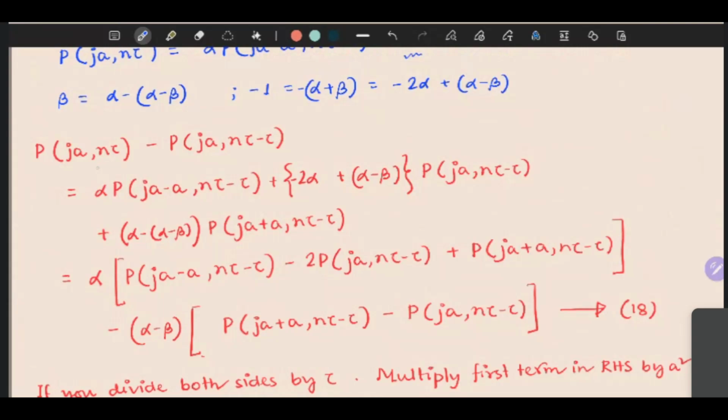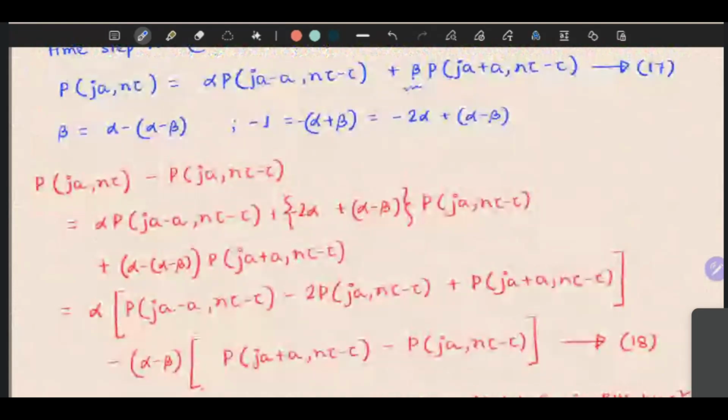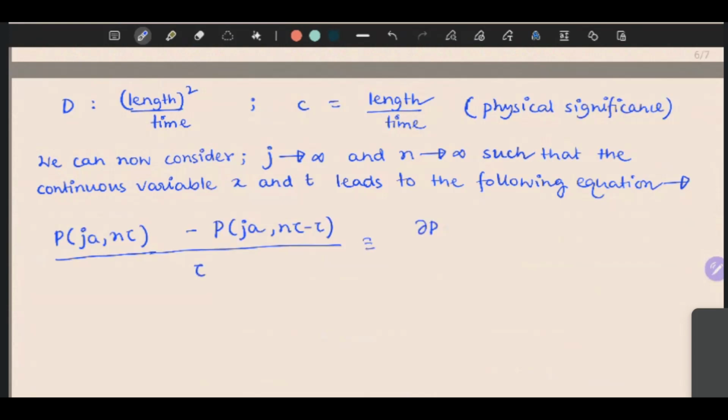So then first term, let me write the first term: p J A n t minus tau minus p J A n tau minus tau, by tau. This then becomes dp x t by dt, right?